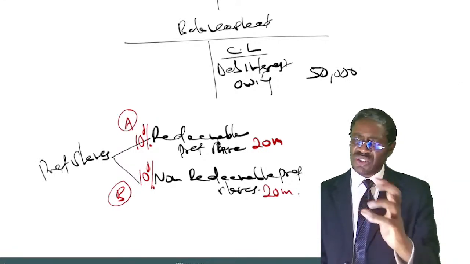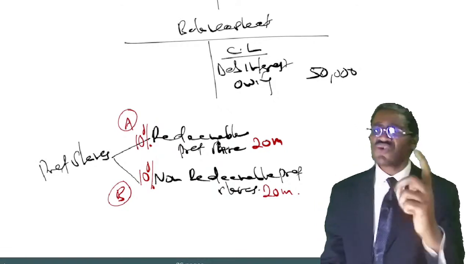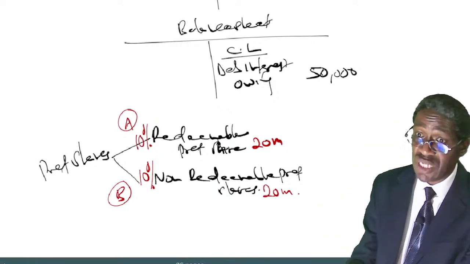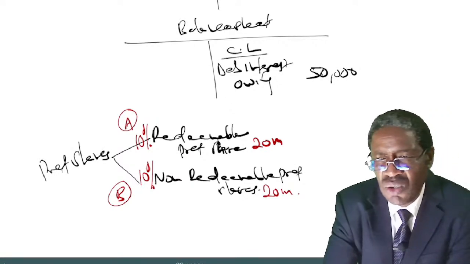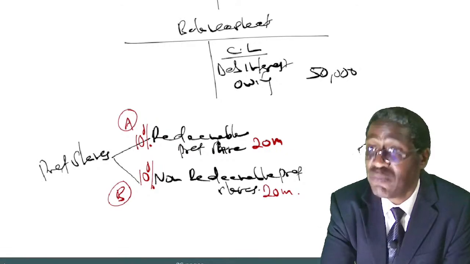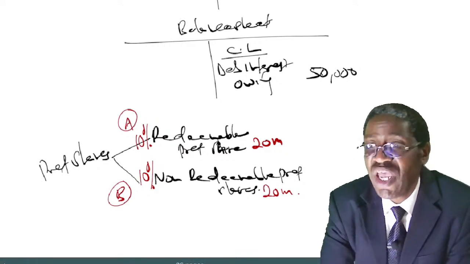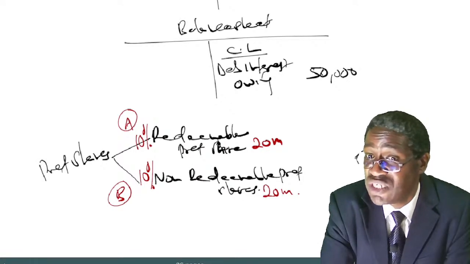So the question is this. When these two companies are preparing, for example, their balance sheet, will they take the 20 million in the same place where company A took their 20 million? Is it the same place where company B will take their 20 million?